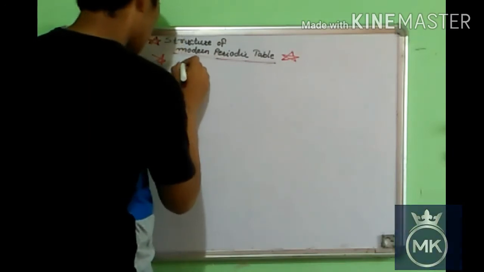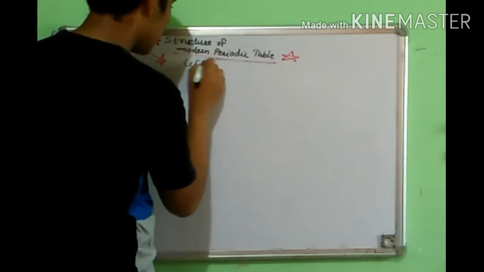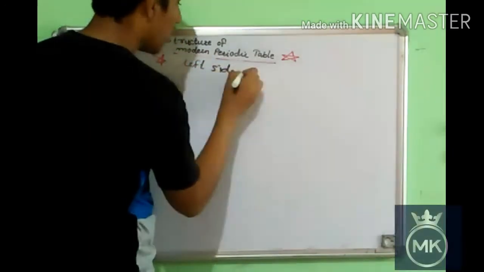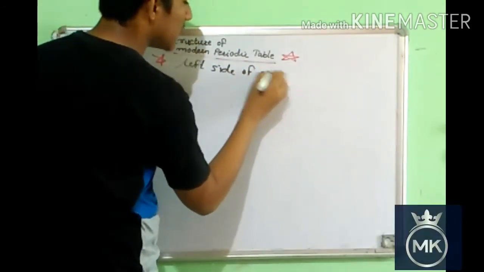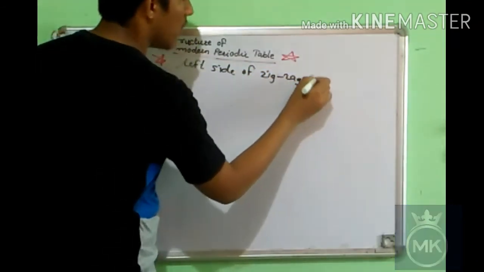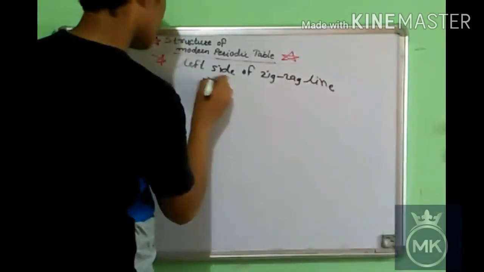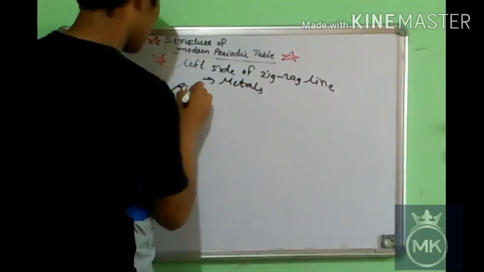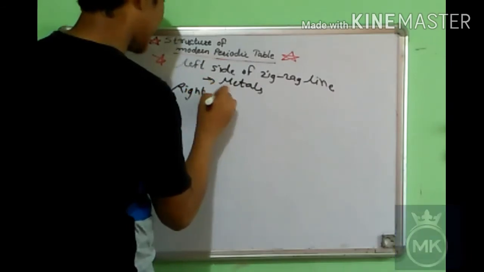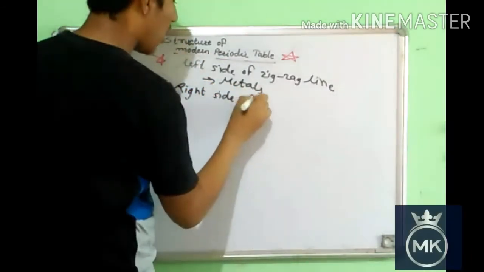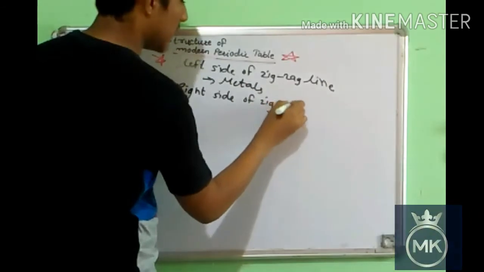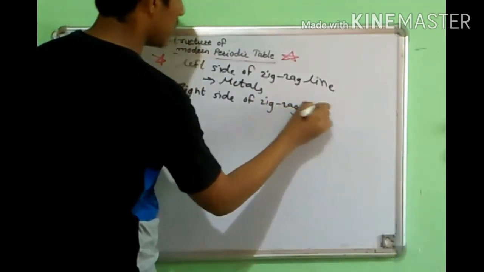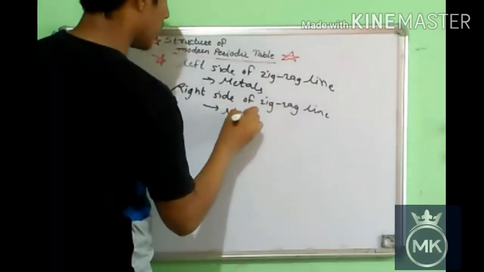So on the left side of the zigzag line, what is included? Metals are placed. On the right side of the zigzag line, non-metals are included.